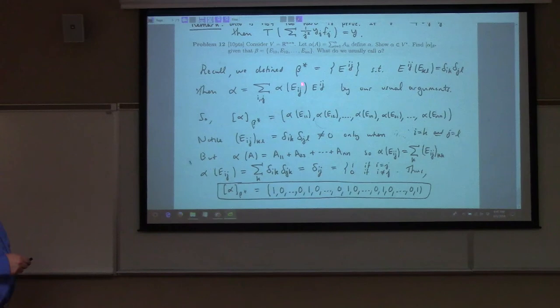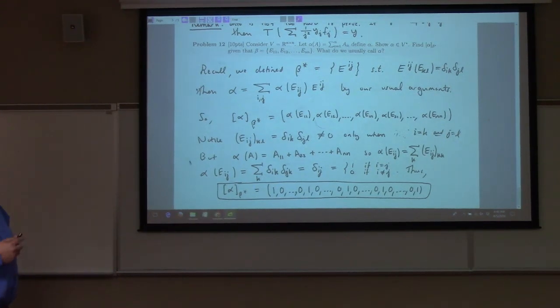So, but also this indicates that, in fact, this is the component of the coordinate vector of alpha with respect to the e upper ij basis. So to write down the coordinate vector with respect to the dual basis, I just write this down according to the lexicographic ordering. But the trace of these matrices is usually 0, or it's possibly 1.